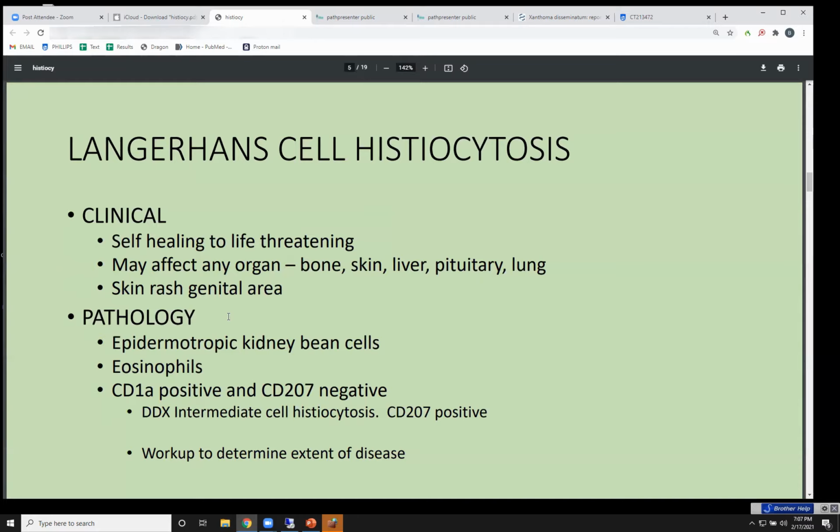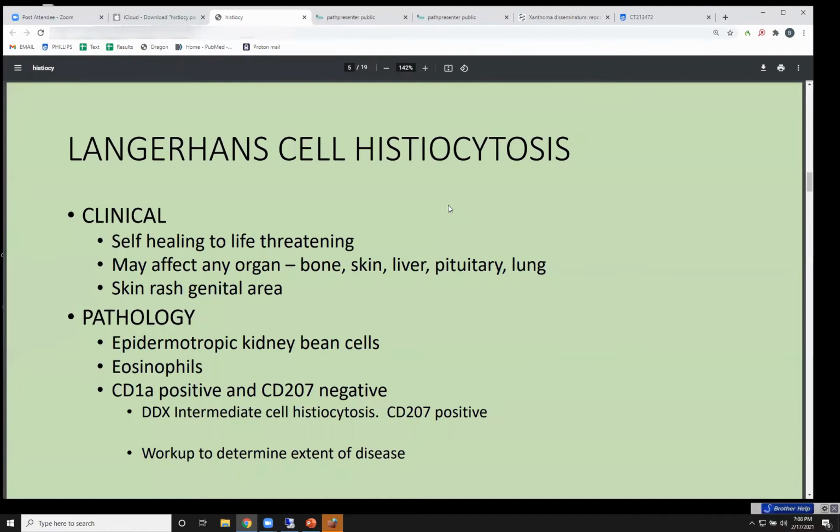It's a nodular dermal infiltrate, and the cells are CD1a positive and, importantly, CD207 positive. And this is to distinguish this from the very rare indeterminate cell histiocytosis, you do a CD207 stain. Once you've diagnosed Langerhans cell histiocytosis, if it's a skin biopsy, then there obviously has to be a workup for systemic involvement.